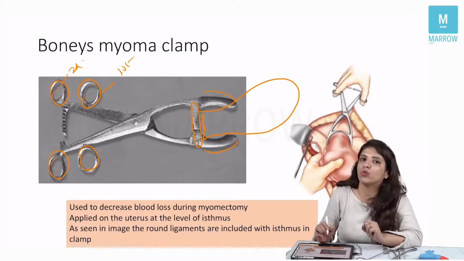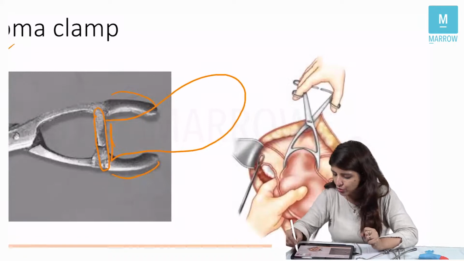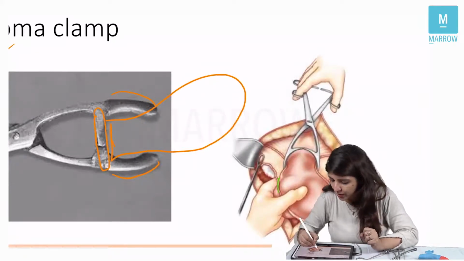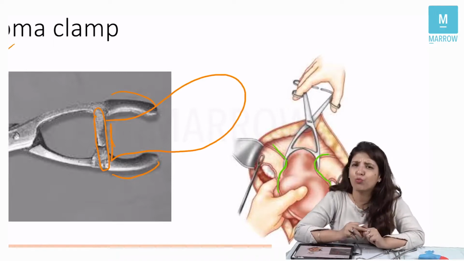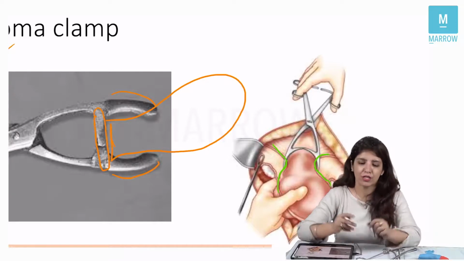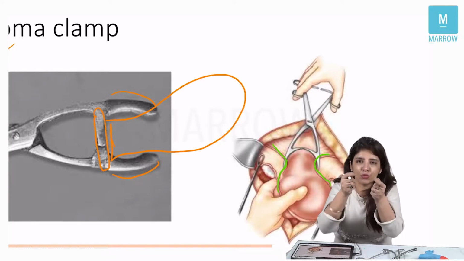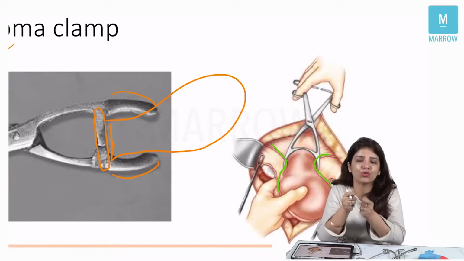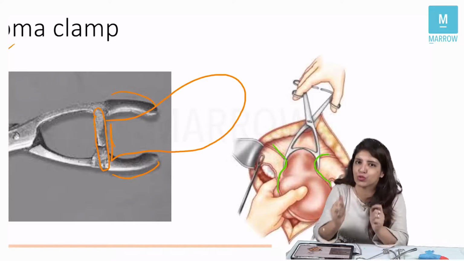Not only are you going to hold the isthmus of the uterus, along the isthmus of the uterus, if you see in this image here, the round ligaments are also held, right? Now, the examiner can ask you, why do you hold the round ligaments along with the isthmus? See, when you hold, the round ligament will get taut, and that is going to help to keep the fundus in upright position, right?